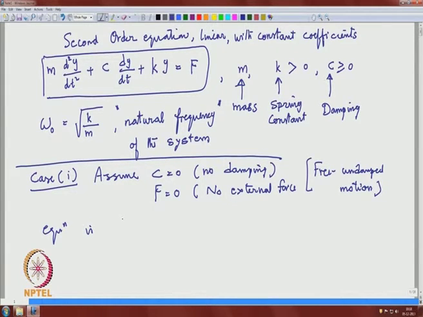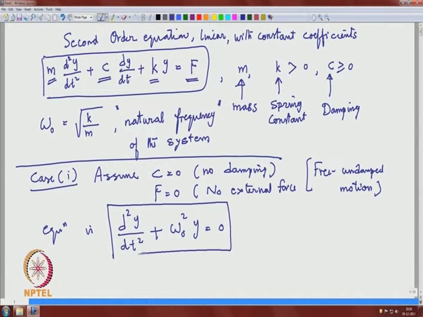With c equal to 0 and F equal to 0, and dividing by m, I can write this equation as d square y by dt square plus omega naught square y equal to 0. This is a simple harmonic type motion.